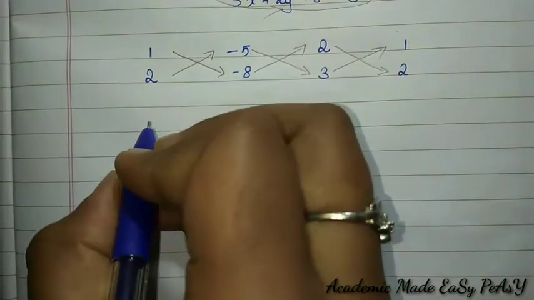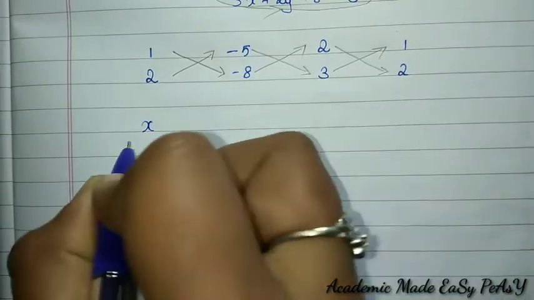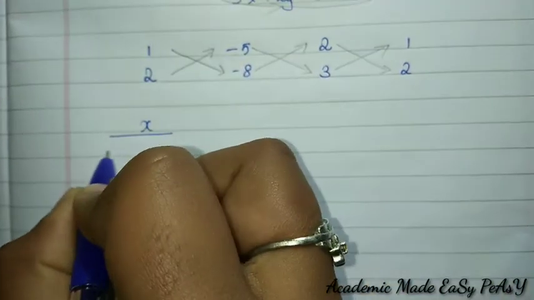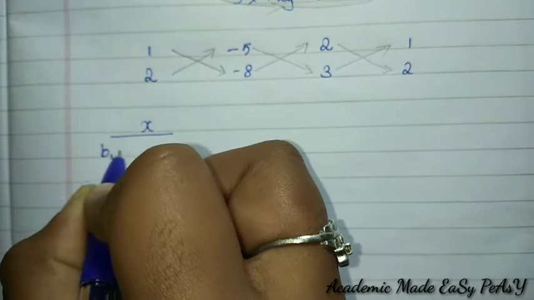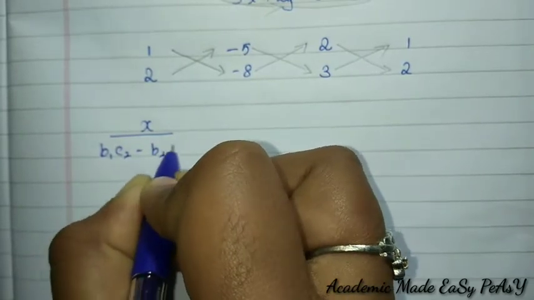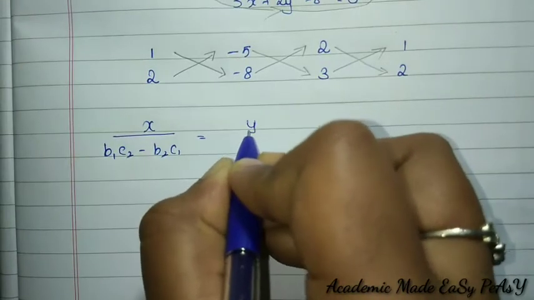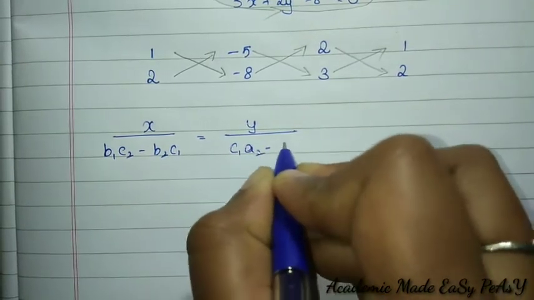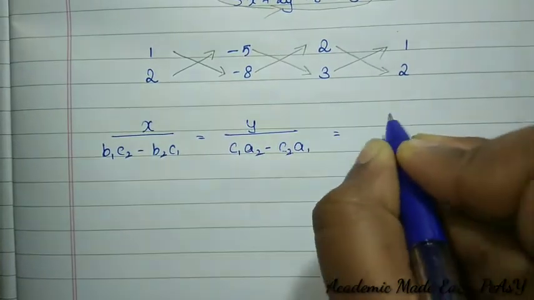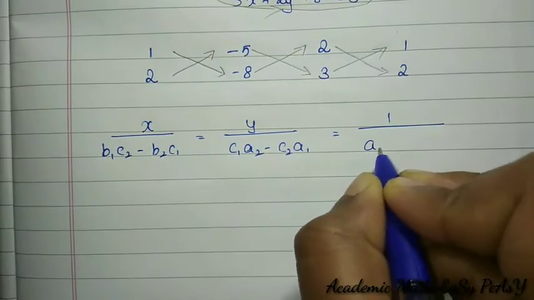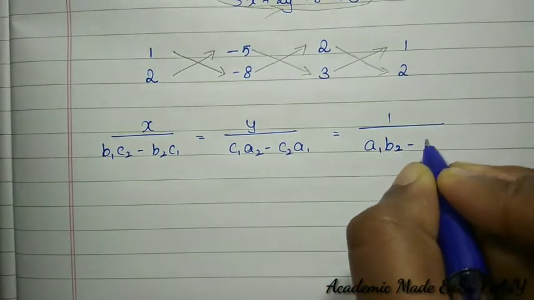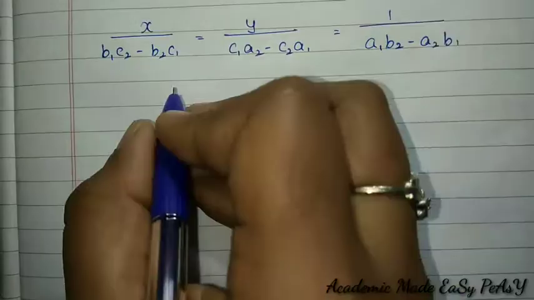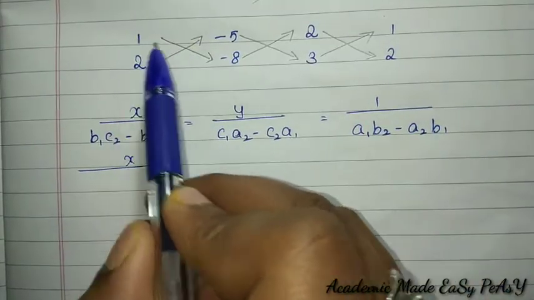Okay, now let us write the formula: X divided by B1 C2 minus B2 C1 is equal to Y divided by C1 A2 minus C2 A1 is equal to 1 divided by A1 B2 minus A2 B1. We have to remember this only.